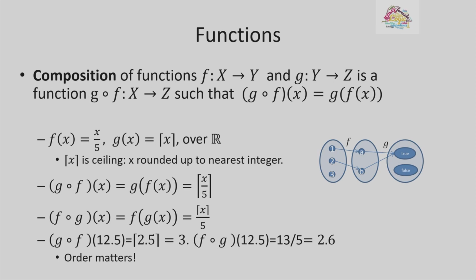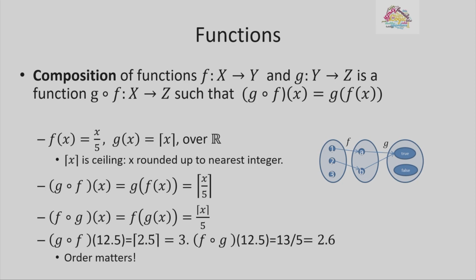So the order in which you're doing those operations matters. Sometimes all of those domains and codomains are the same, integers to integers to integers, or reals to reals to reals. But still, if you take a number and first apply f and then apply g, you may get a different answer. So here's one example.